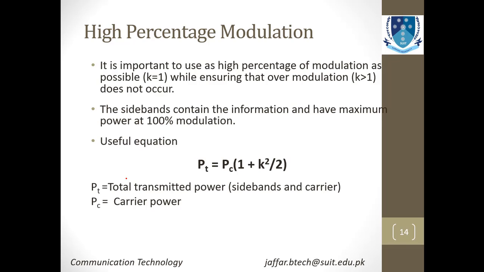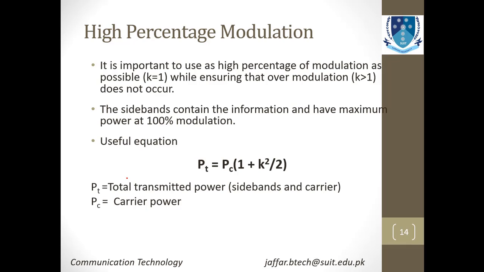So you want to increase your modulation percentage, but you do not want over modulation, because when there is over modulation, your signal will be blurred, and data information will be lost. The sidebands contain the information and have maximum power at 100% modulation.